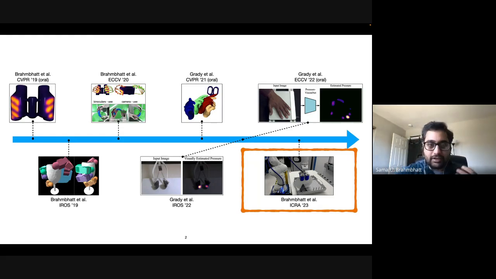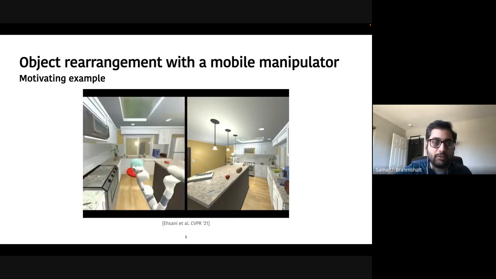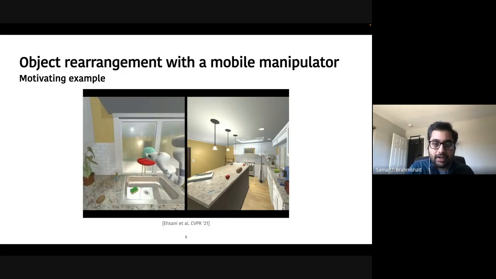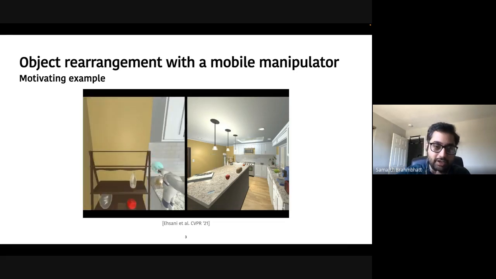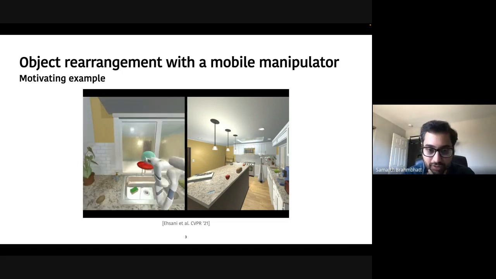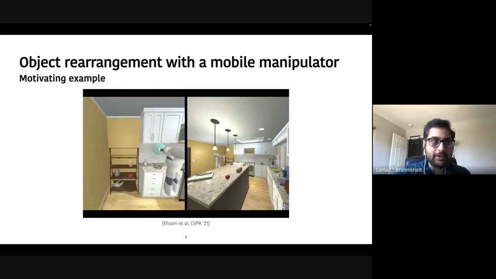Now, we can think about this kind of contact-rich object placement within the broader task of object rearrangement, right? So here, there's a lot of interest in the community about building simulators from which we can learn policies for object rearrangement. For example, I'm showing you here this video from work within AI2, the manipulator environment.